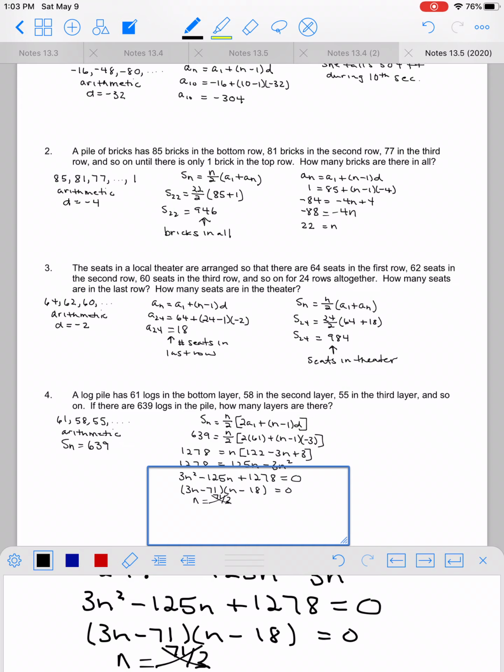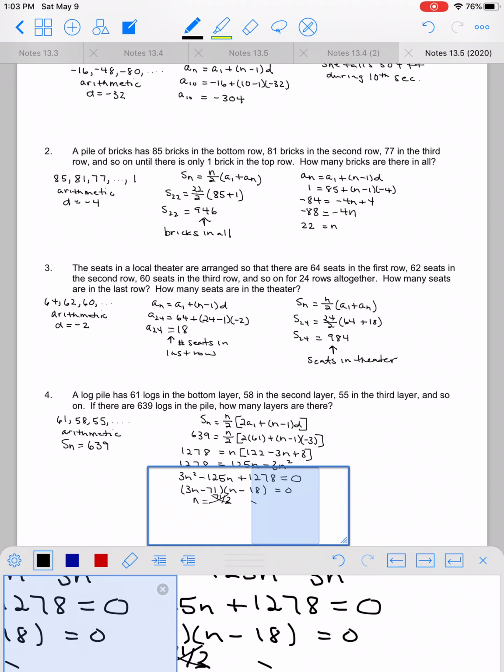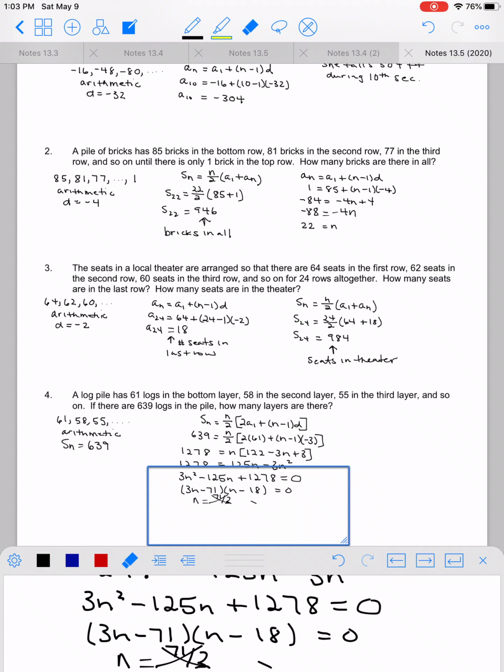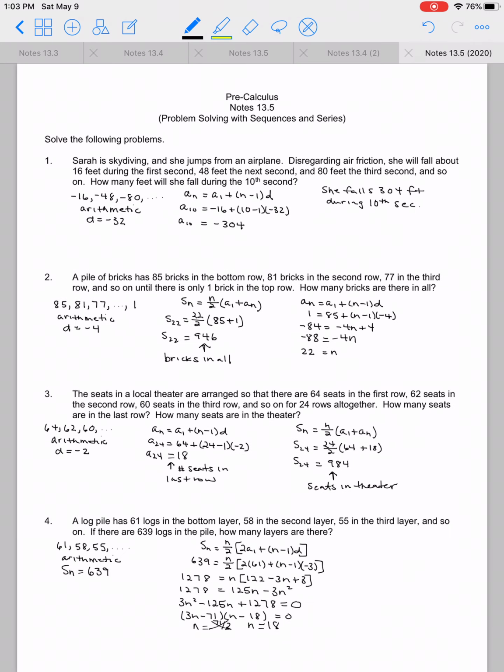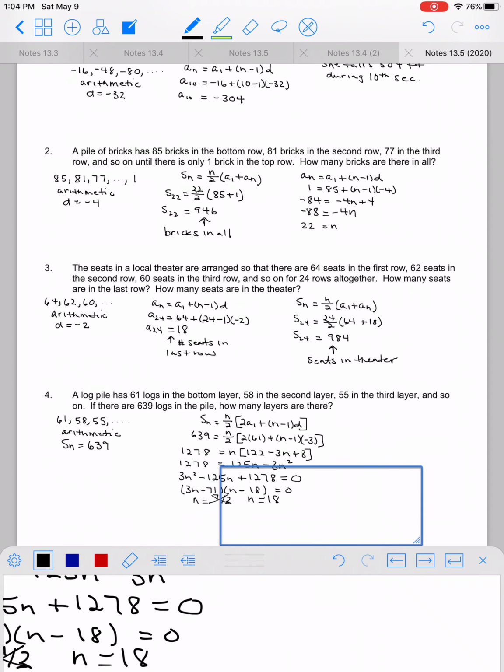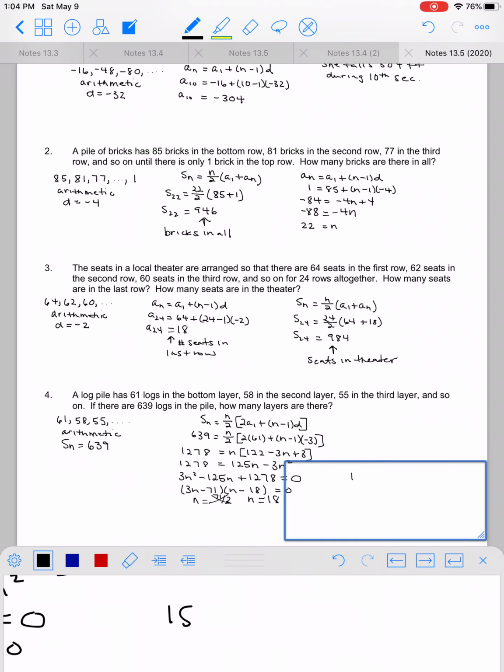We cross that off because it has to be an integer, or we say that n is 18. And so, finally, to answer the question, there are 18 layers.